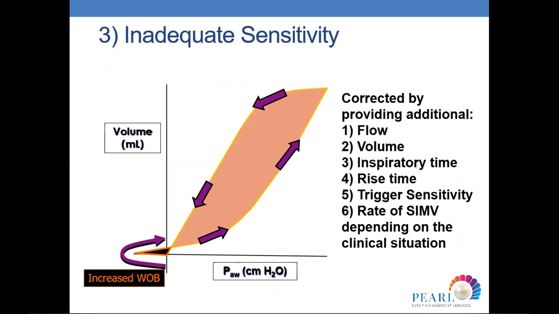You need to understand your machine and how you set the sensitivity for the trigger. If it is high sensitivity, fine. But if it is low sensitivity, sometimes the nurses play with it, they don't know what's going on, or it's auto-set. So the baby needs to generate high effort to trigger the ventilator, so again there will be increased work of breath.